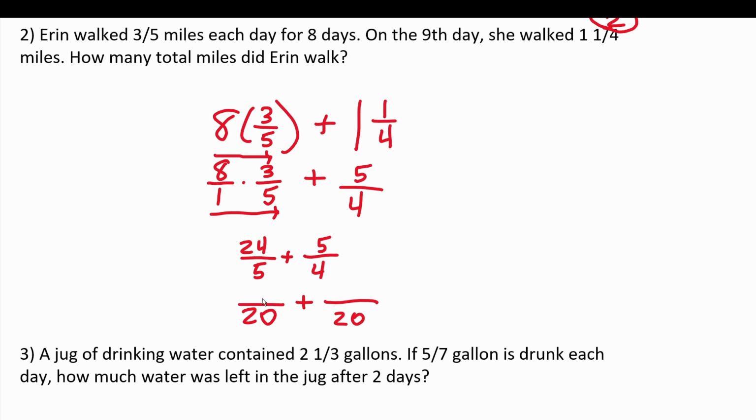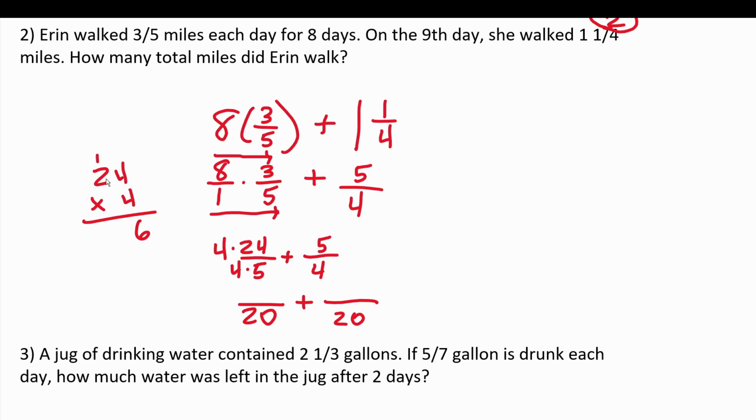To get 5 to be 20, we have to multiply 5 by 4. So we're going to have to do that to its numerator as well. That is, we're going to do 5 times 4 to get 20 here, and 24 times 4 to get the numerator. And I'm going to work that off to the side so as not to make any simple mistakes. 4 times 4 is 16.